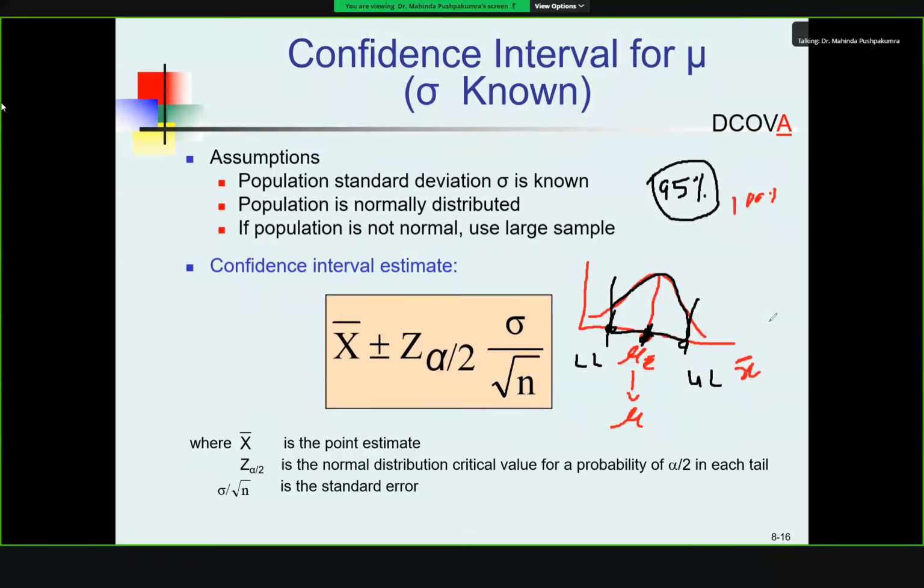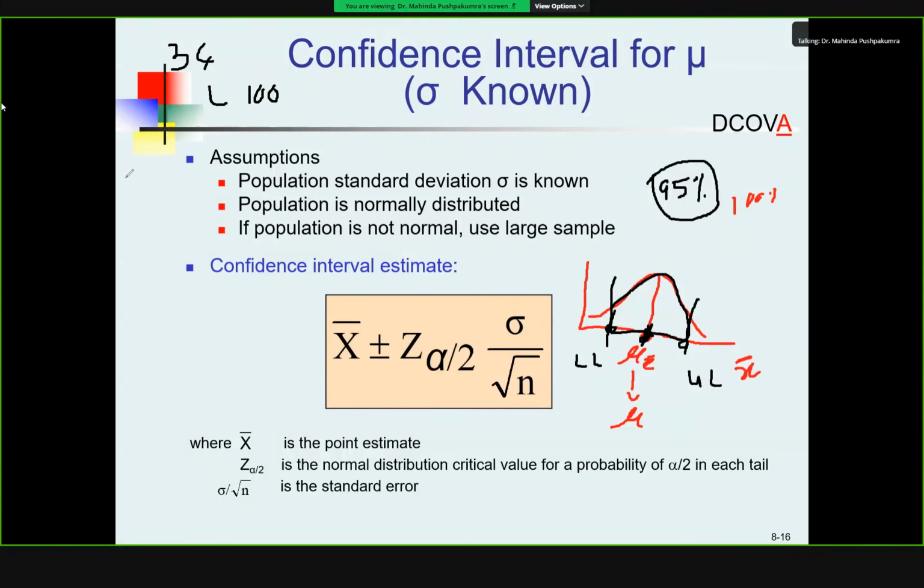If you use the 95% confidence level, it says that you are confident that, if you select 100 samples from our 34 group, you can select different samples.